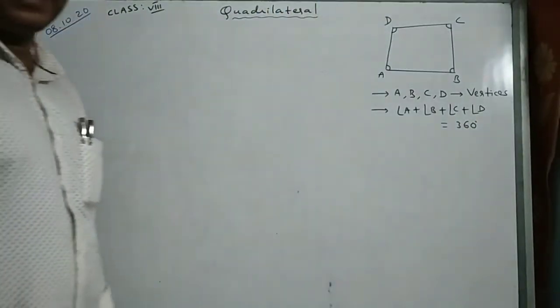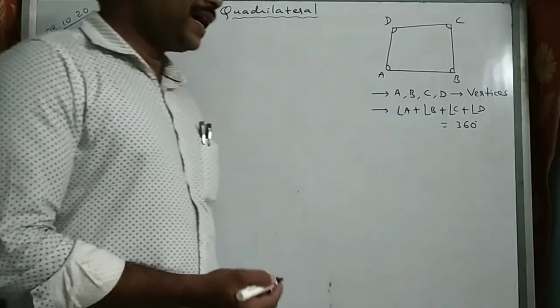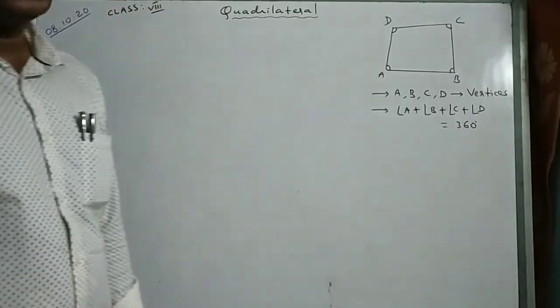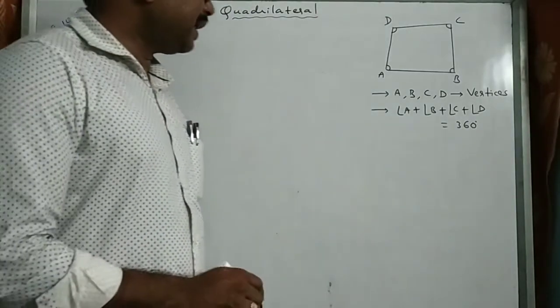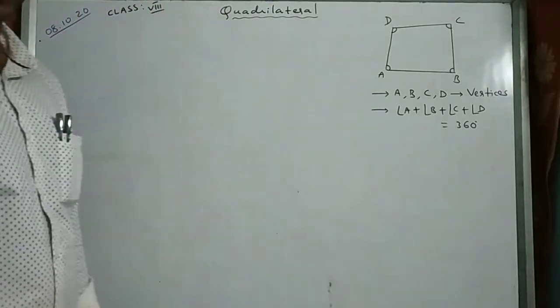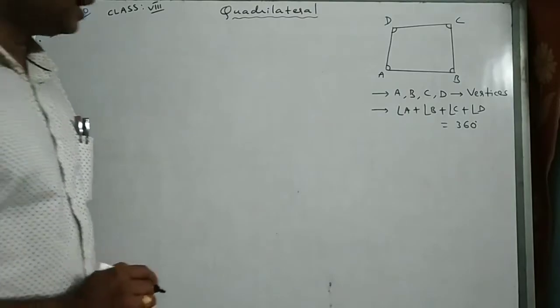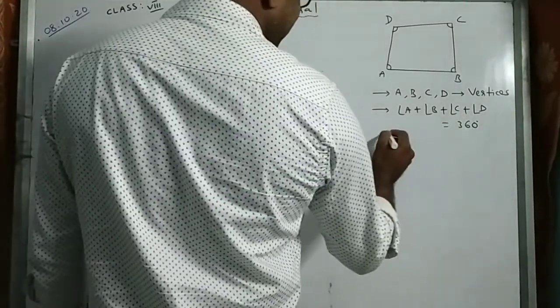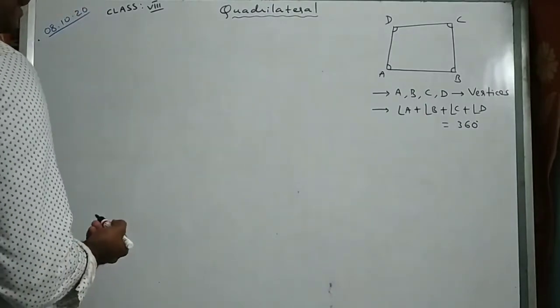In a triangle, the angle sum property is that the sum of angles is 180 degrees or two right angles. But in a quadrilateral, the sum of angles is 360 degrees or four right angles. 4 nines are 360, right?